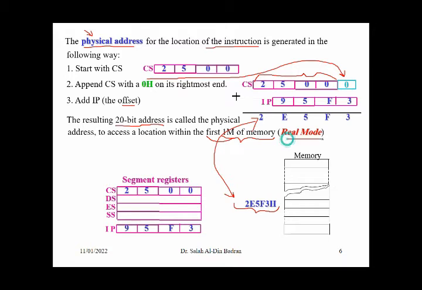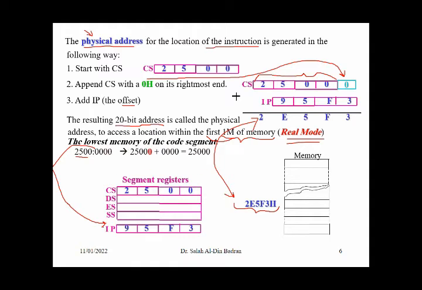The lowest memory of the code segment is this one, the lowest one. What we did here: we started with 000. This is the offset, remember, the offset that we get from the IP. Okay, and we add 0000, and as we said in the second step, we append a 0 to the rightmost side, plus the offset.